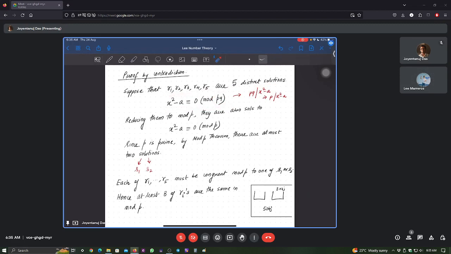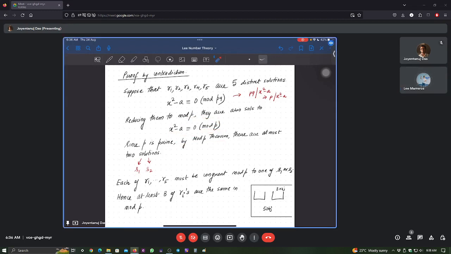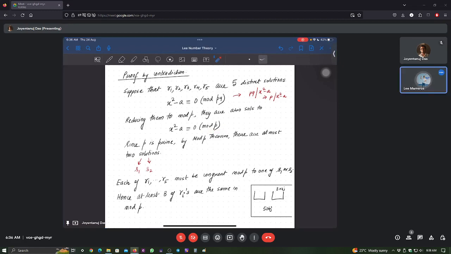Then when I reduce to mod p, by using the theorem, I know that this equation has at most two solutions. Those two solutions are S1 and S2. So instead of pq, only mod p when you are doing this, at most two solutions.